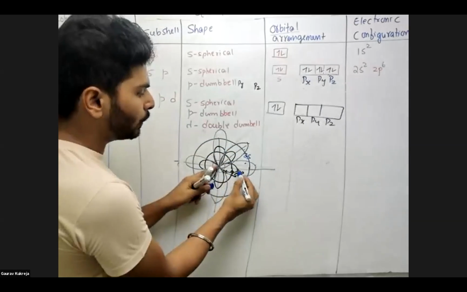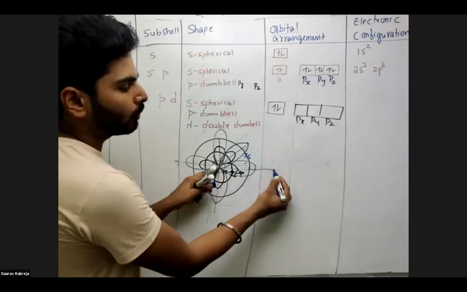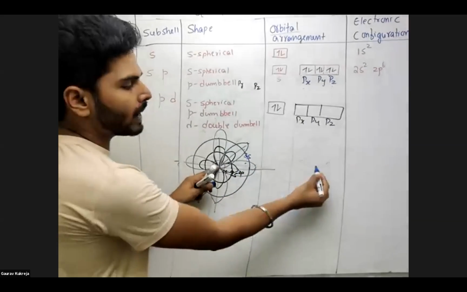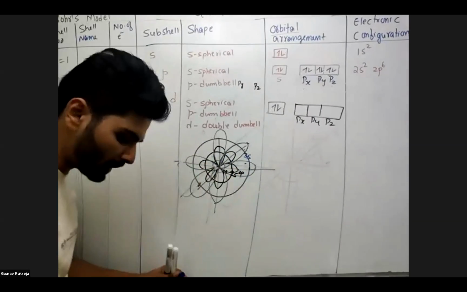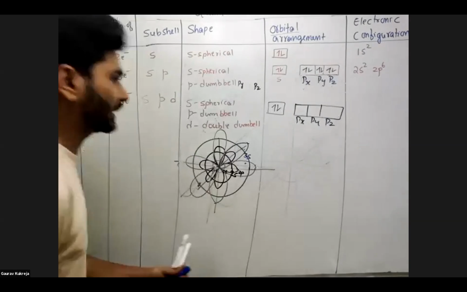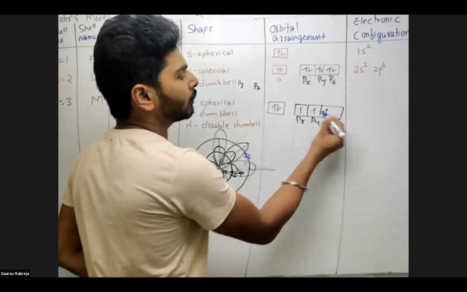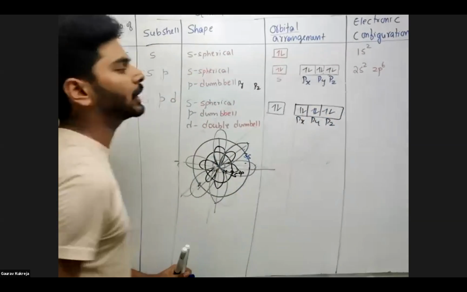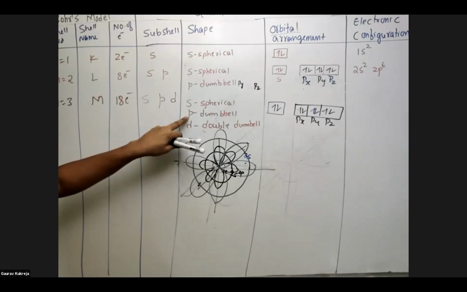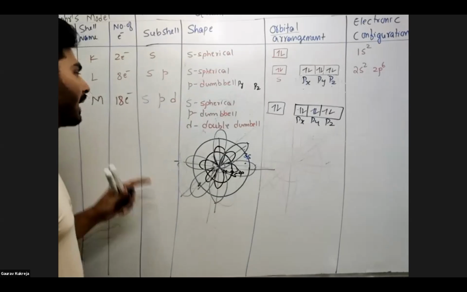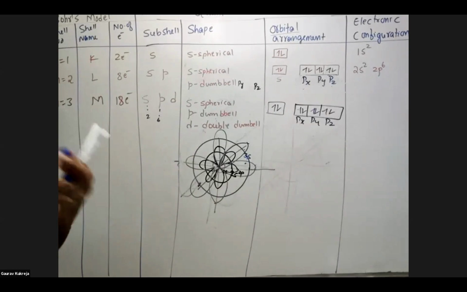That's it. 2p radius-wise comes up to here, so 3p will come up to here. Whichever p comes further will keep getting bigger radius-wise, and you have to understand it as bigger in size. Again the filling will be the same, one electron in each axis first, then you pair them. So 2 electrons in S, 6 electrons in p. Here 2, here 6, that means 8 electrons you have already filled.